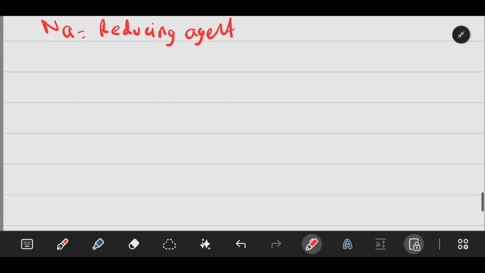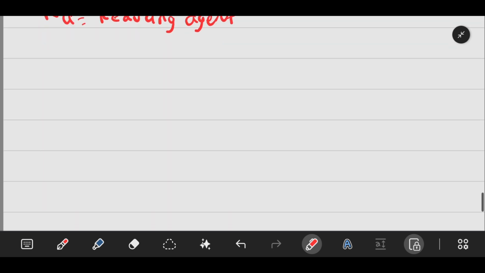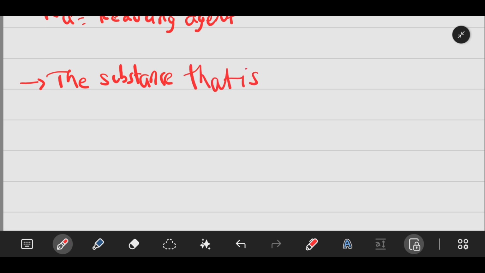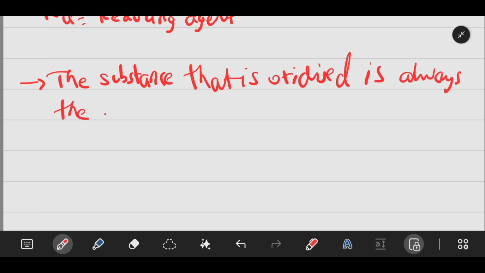So if we pen this down, we can say that in a redox reaction, the substance that is oxidized is always the reducing agent.